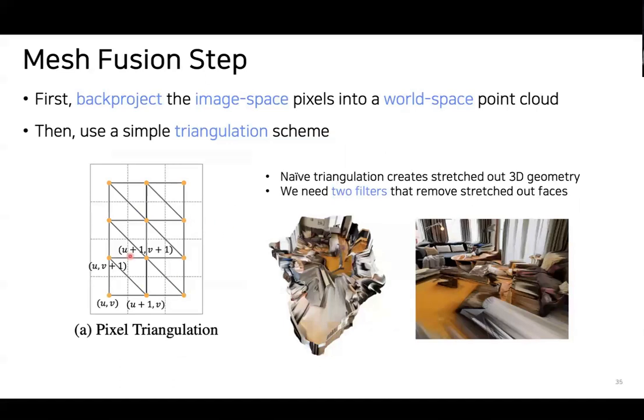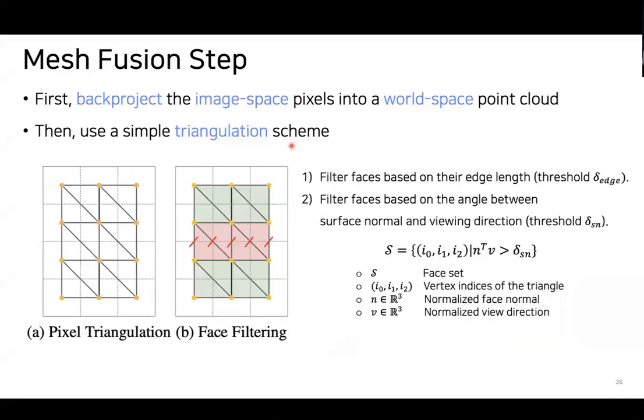This naive approach with only pixel triangulation creates stretched out 3D geometry as follows. So we need 2 filters that remove these stretched out faces. The first filter is based on the edge length, and the next filter is based on the angle between the surface normal and viewing direction.